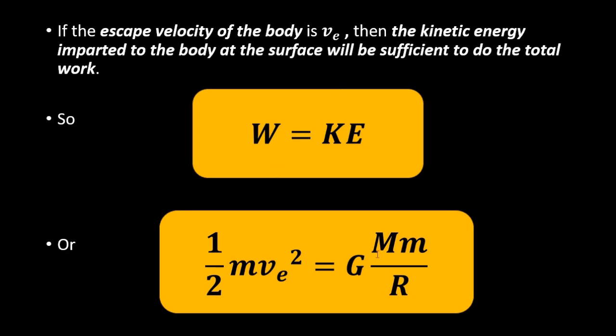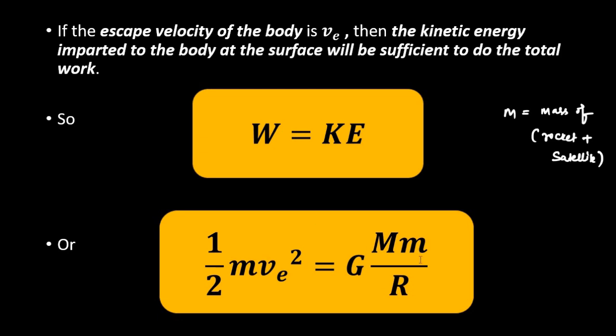So this kinetic energy because of the escape velocity is equal to half m VE square. Small m is the mass of rocket plus satellite, because both of them are carried; the rocket is the vehicle which carries the satellite.